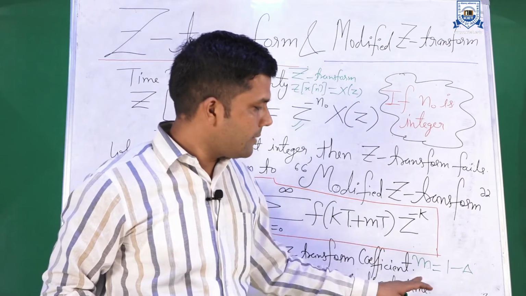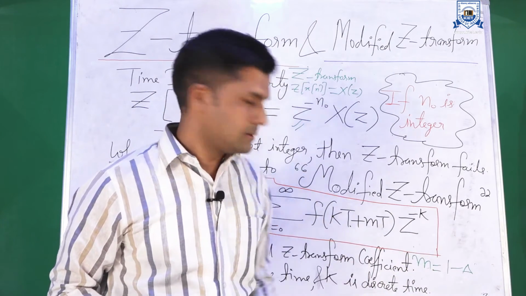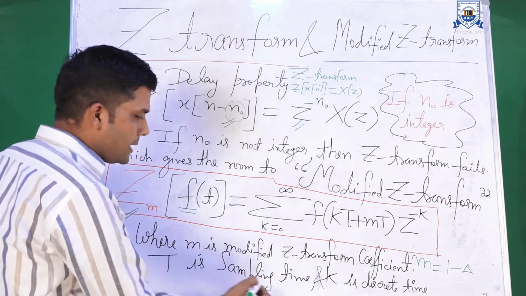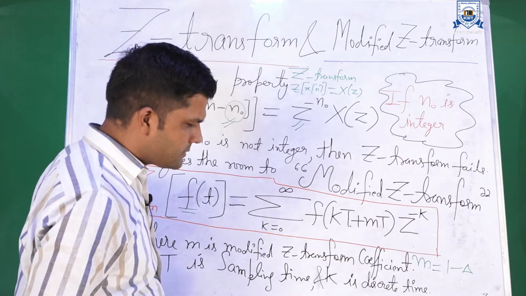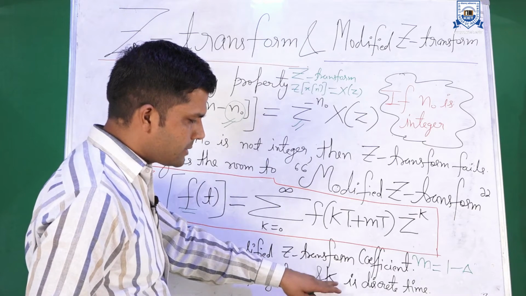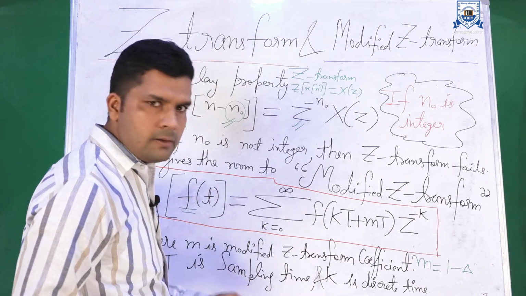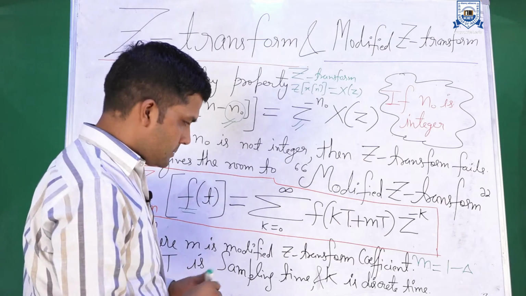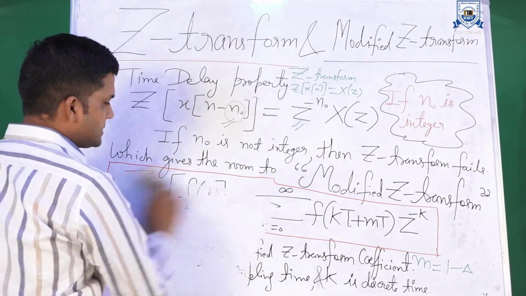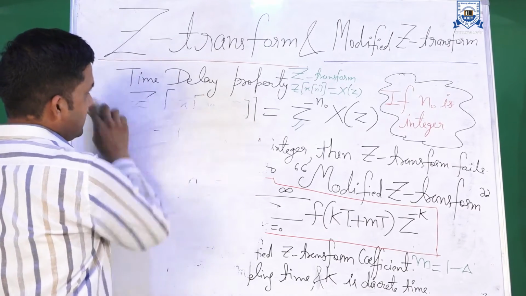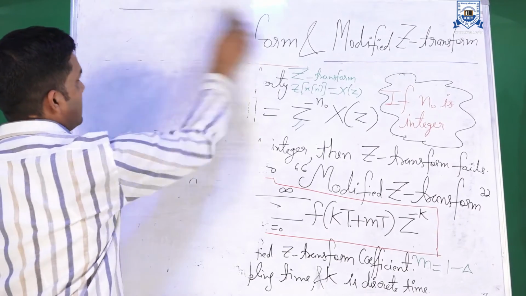T is the sampling time and k is the discrete time. Sometimes we write n, small n, and sometimes we write k. You can use any symbol. So we will see some example based on modified Z transform.